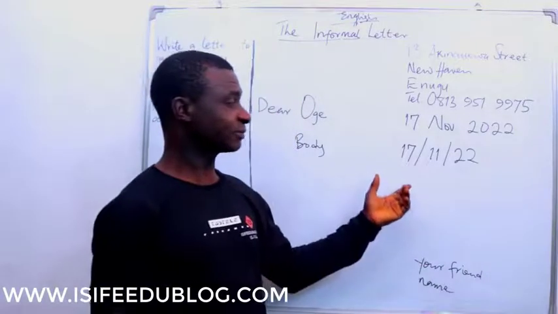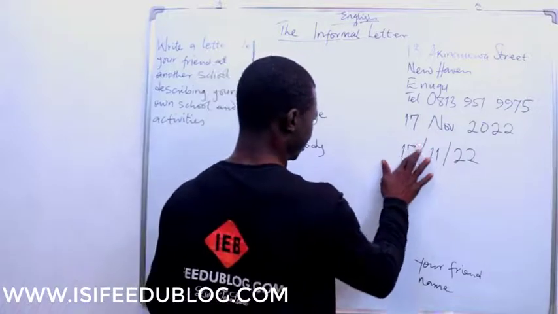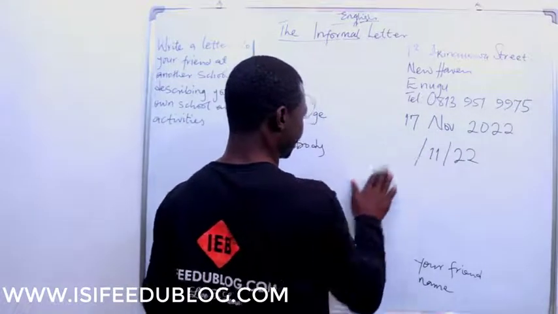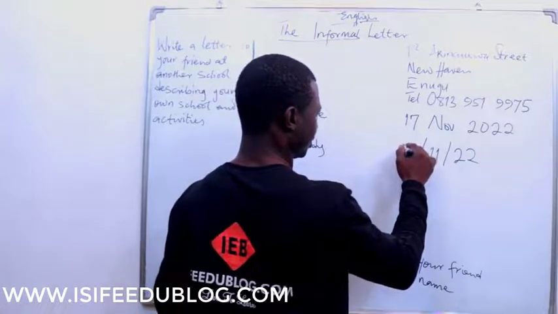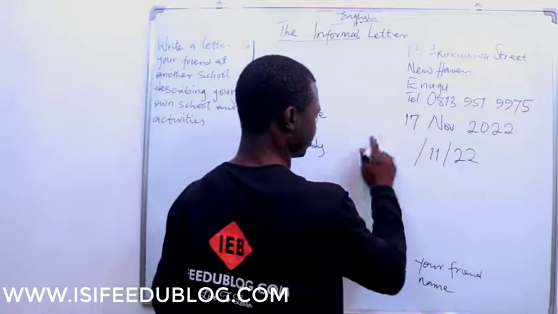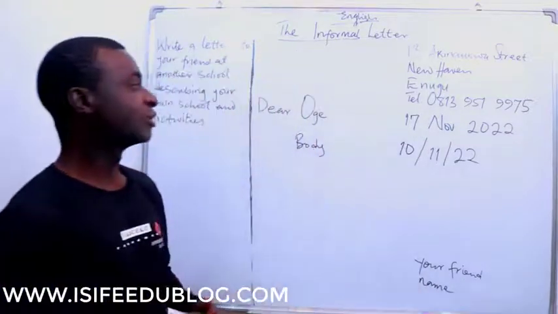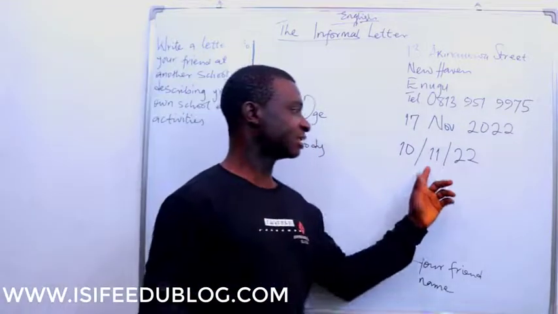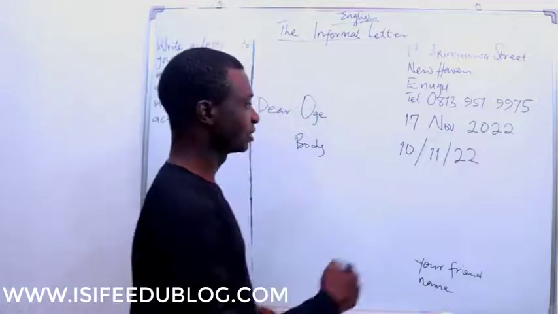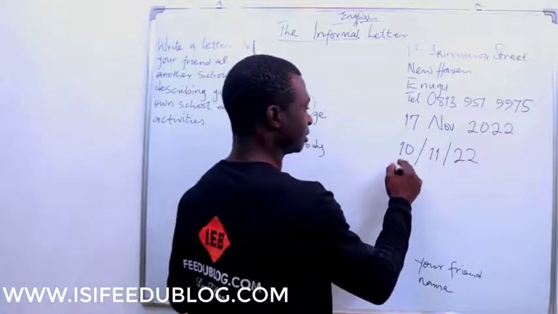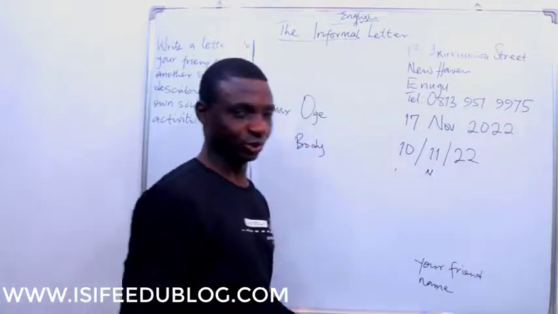Let me use a lesser day to illustrate what I want to say. Let me use 10, for instance. If I write 10/11/22, this means, of course, as you know, 10 November 2022.